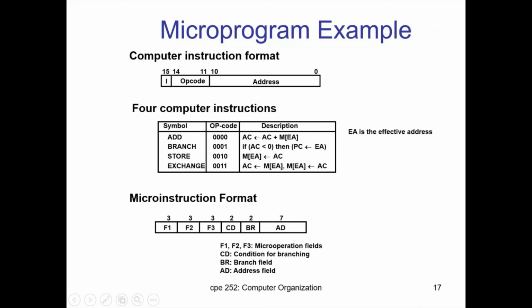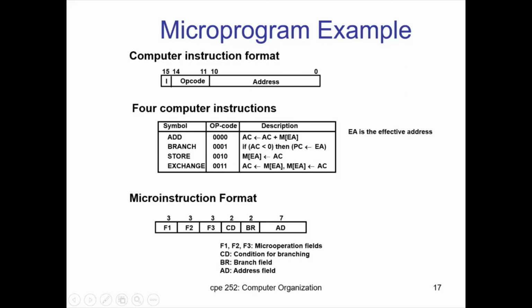This is a 16-bit register format, with 1 bit for the mode, around 5 to 6 bits for the opcode, and 10 bits for the address. Computer instructions are add, branch, store, exchange, along with the effective address. Opcode is the instruction given to the computer, and this is its description: moving the accumulator value, checking the condition, executing the data. So fetch the data, evaluate the data, then execute the data.